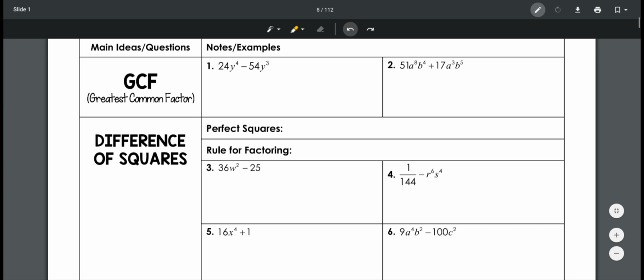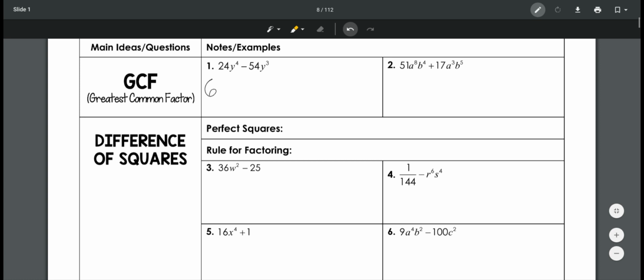So when you have a greatest common factor, it does not matter how many terms you have. A greatest common factor is the largest number that each coefficient has in common as a factor, such as with 24 and 54 in example number 1. The largest number that you can divide both 24 and 54 by is 6.